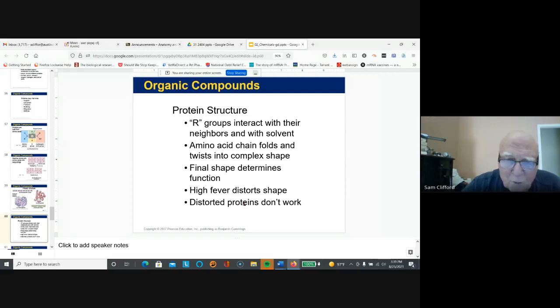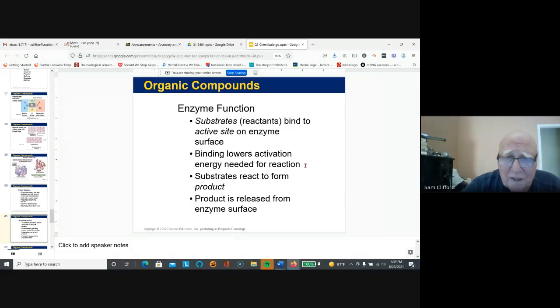Distorted proteins don't work. So the three-dimensional shape of a protein, based upon the amino acids of which it is made, determines the properties of a protein. So read through these statements. Make sure you understand them.